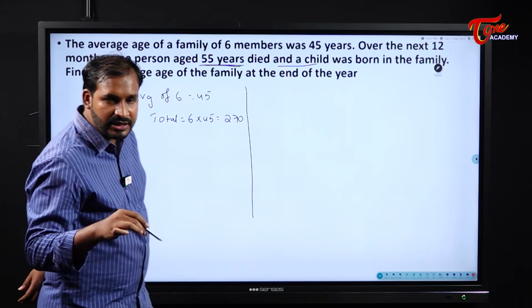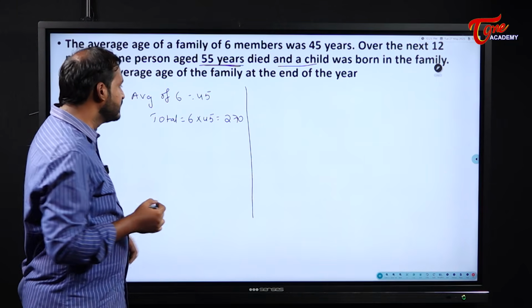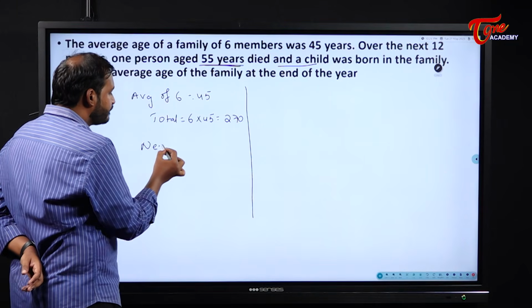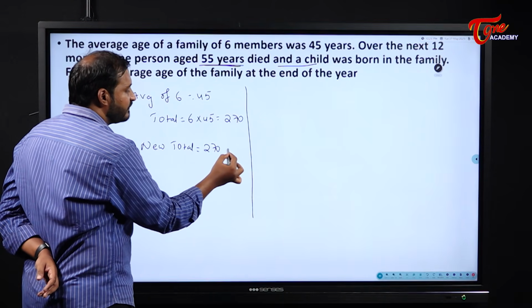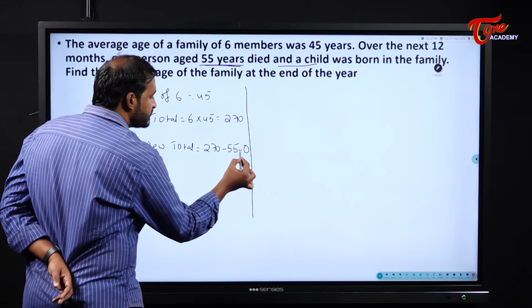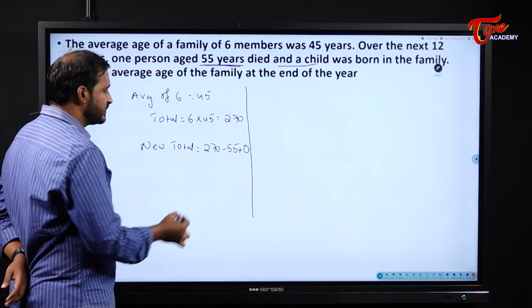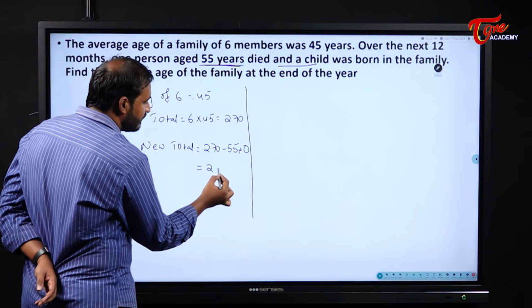When the child was born, his age will be what? 0. And a person whose age is 55 is dead, right? So what is the new total? 270 minus 55, as the aged person died, and newborn child means plus 0. We should take it as 0. So the new total is 215.